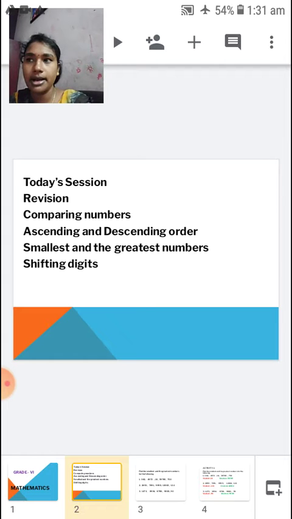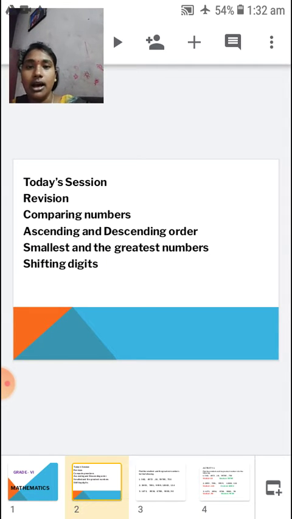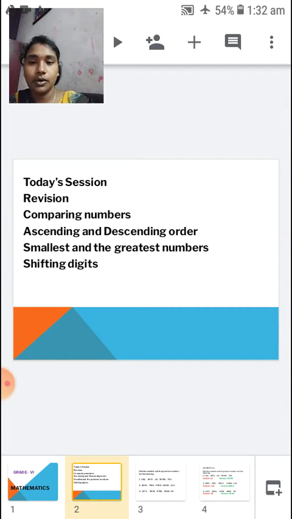Okay, children, those three parameters are very important and basic, but in the higher classes you will be learning more parameters like greater than or equal to, lesser than or equal to, not equal to. So these will be the higher range of parameters which you will be learning in your higher classes. So when you compare two numbers of different digit values, you are going to count the number of digits present in each number, and then you are going to see which number is greater than the other.